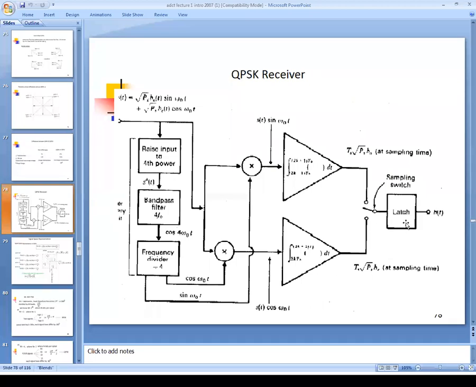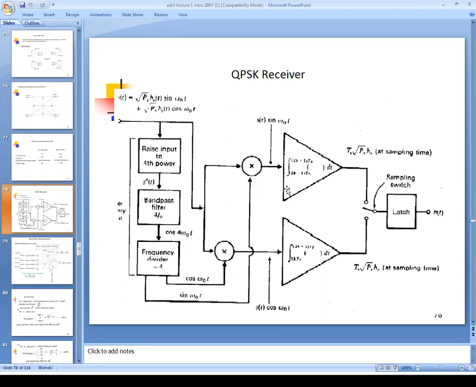The sampling switch output is b(t), a hard decision, and even integrated. The integration part is there in the integrated scale.